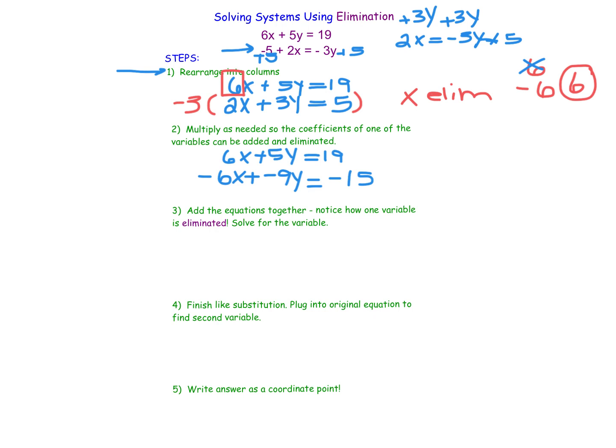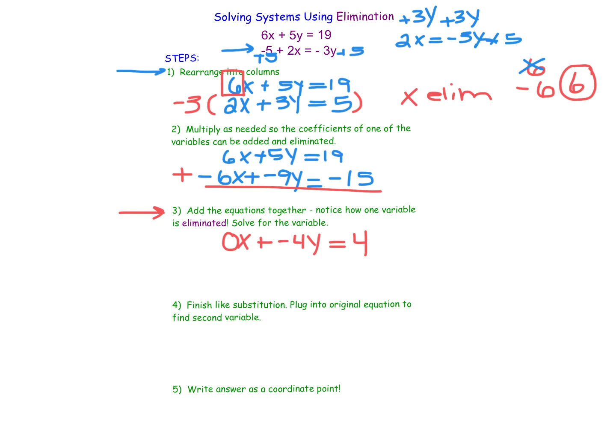If we were to add both of these two equations together, we would eliminate those x values as they would become 0. So here, if I use the elimination strategy and add these together, I end up with 0x plus a negative 4y is equal to 4.